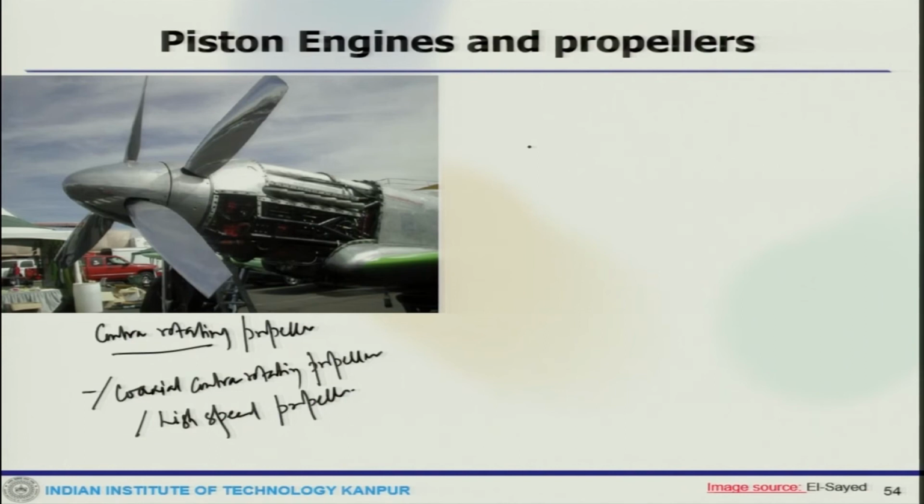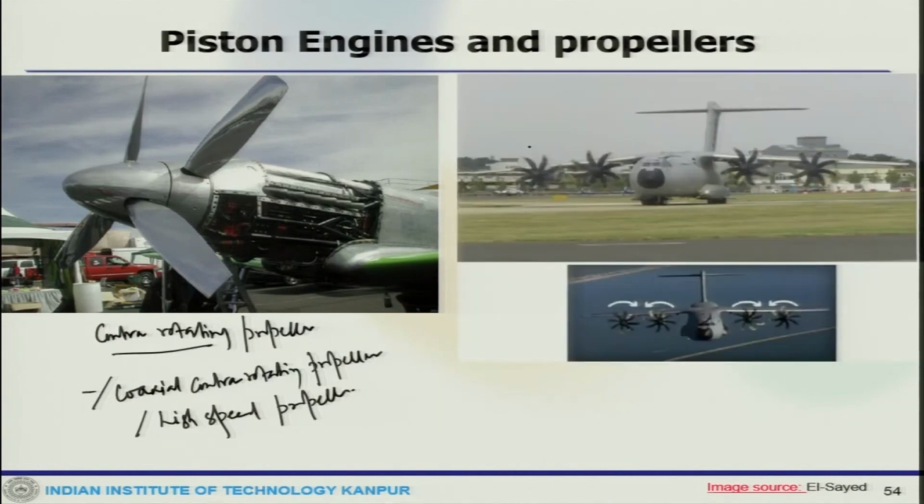That is another one. Then we have direction of rotation, and this could be another example. Here we can have a left hand propeller.